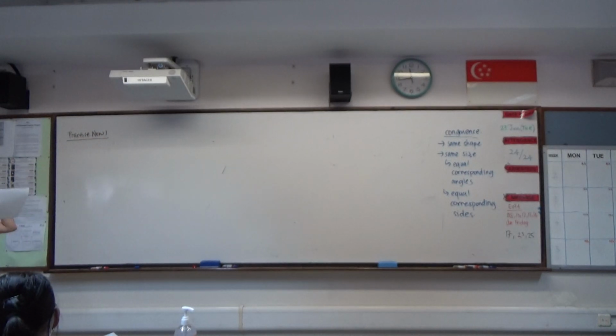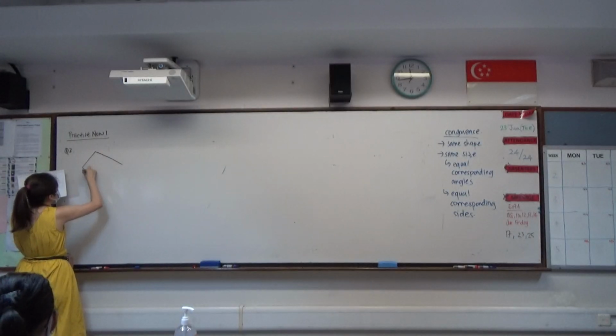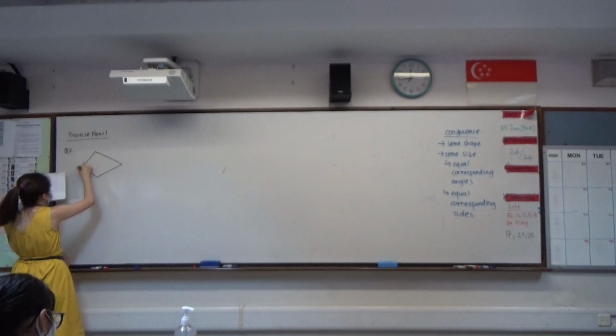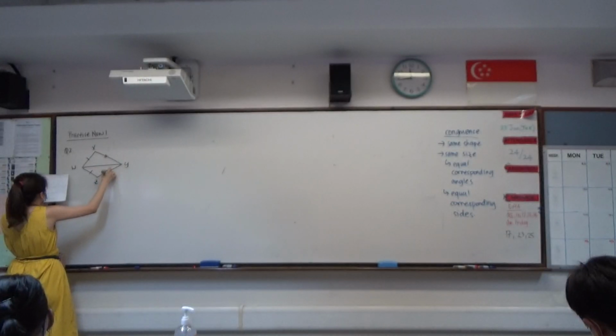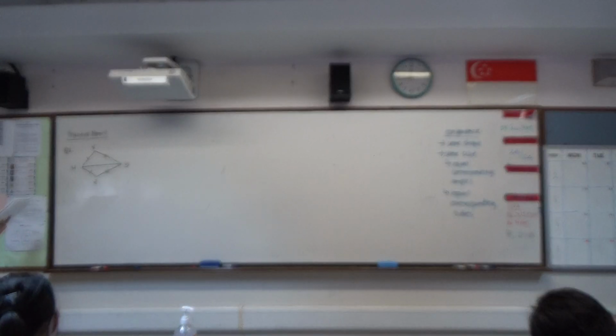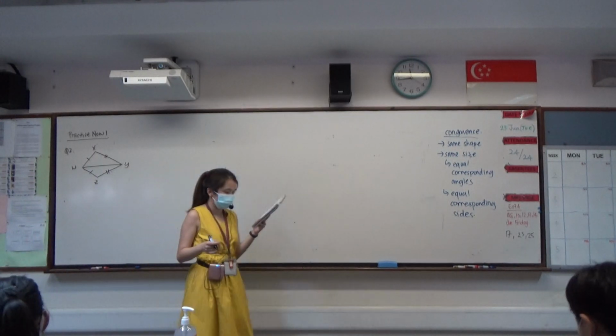Okay, let's look at practice round 1. I want to look at question 2, and we are given a kite. We want to identify the two congruent triangles in the kite and prove that they are actually congruent.